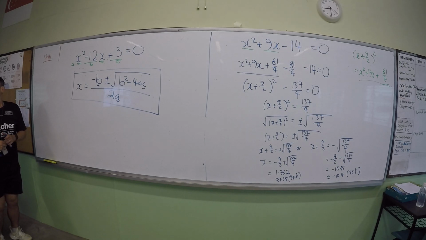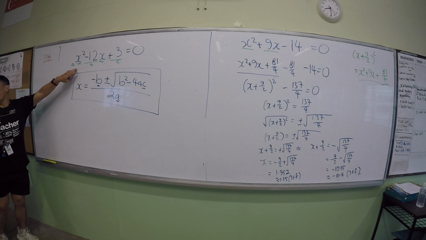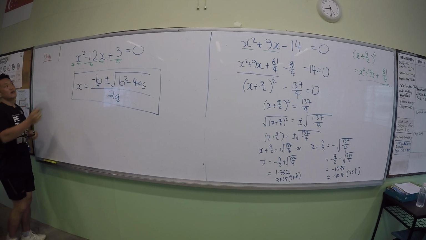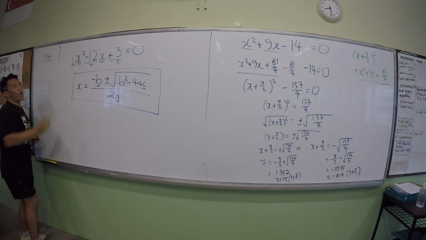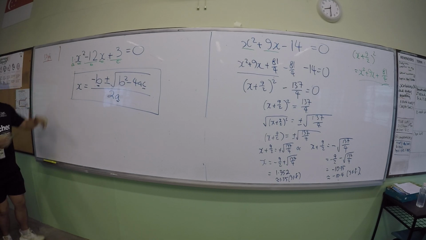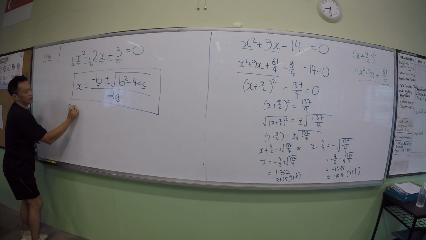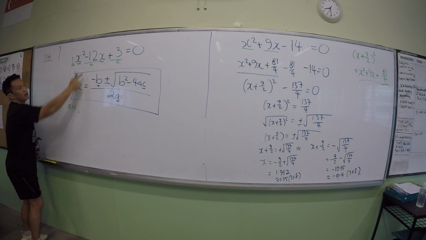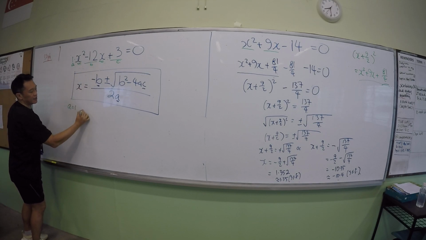Okay? So when we have x squared, it is also the same as 1x squared. So in this question, your A is 1. Your B is negative 12.